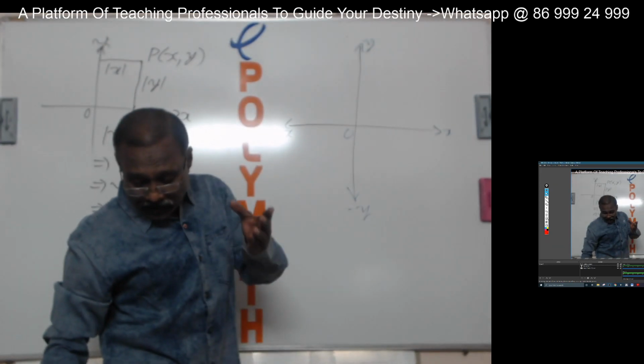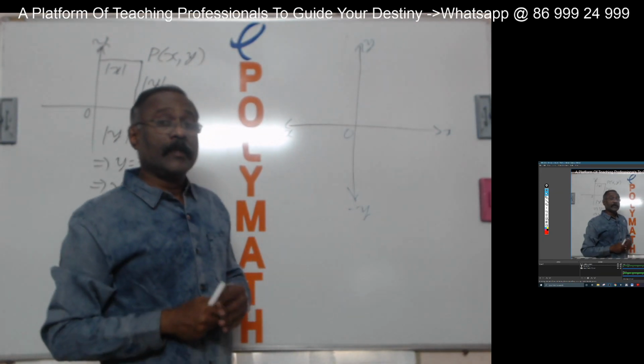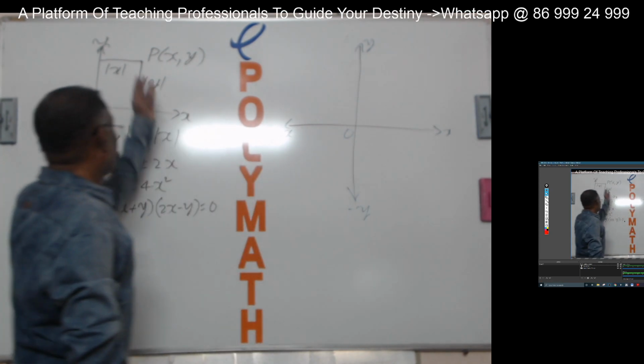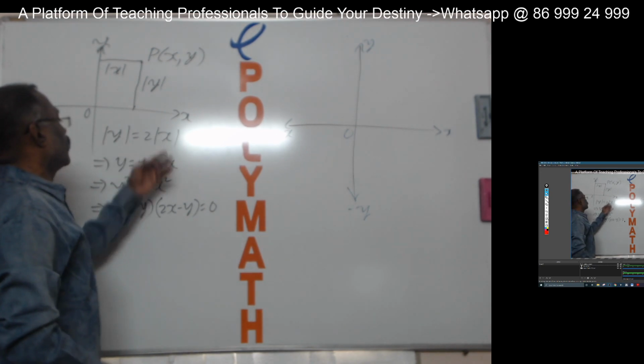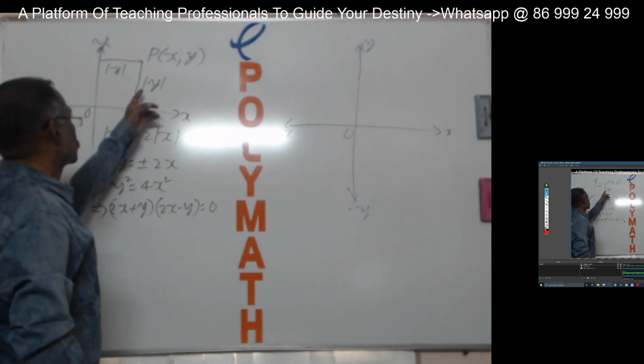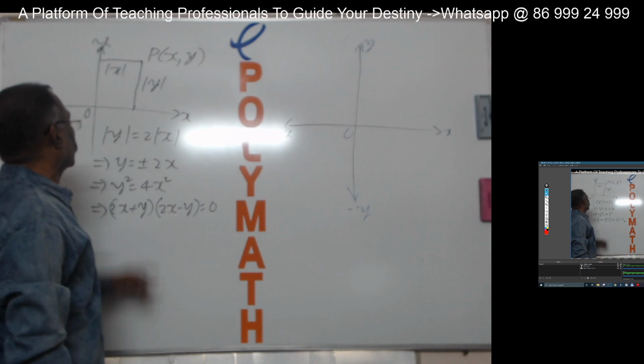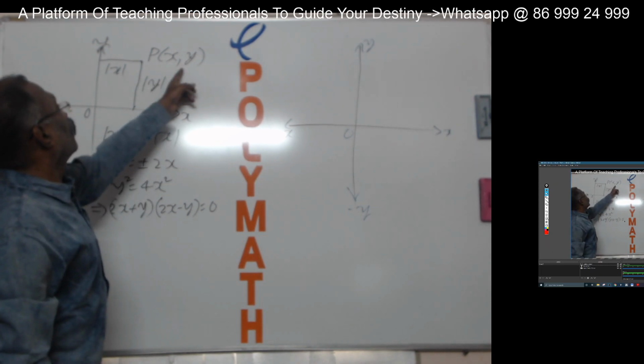What is the condition? Do you remember? Its distance from the x-axis is equal to double its distance from the y-axis. So y is equal to 2x here.